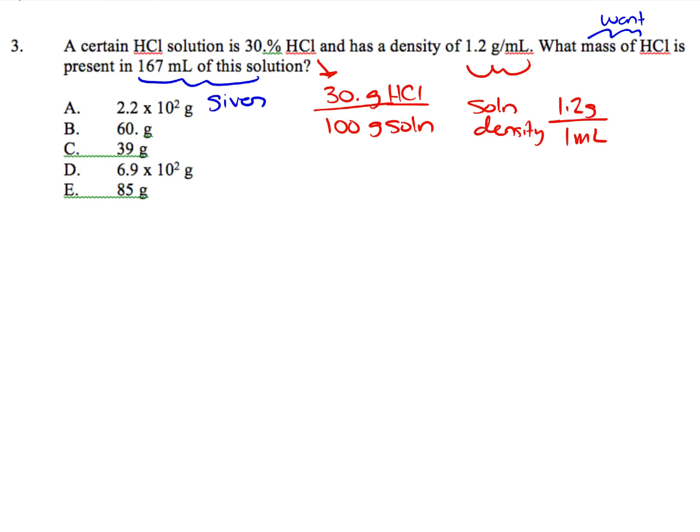Okay, so let's start with what we're given and try to convert it to what we want. So we'll write out 167 mils of solution. From there we can use this solution density to convert that to the grams of solution.